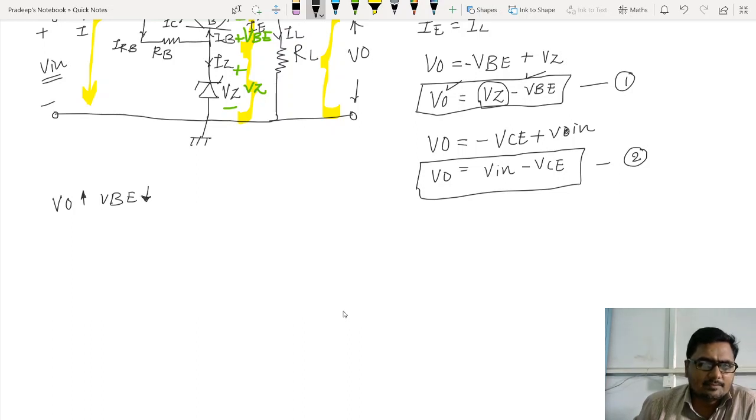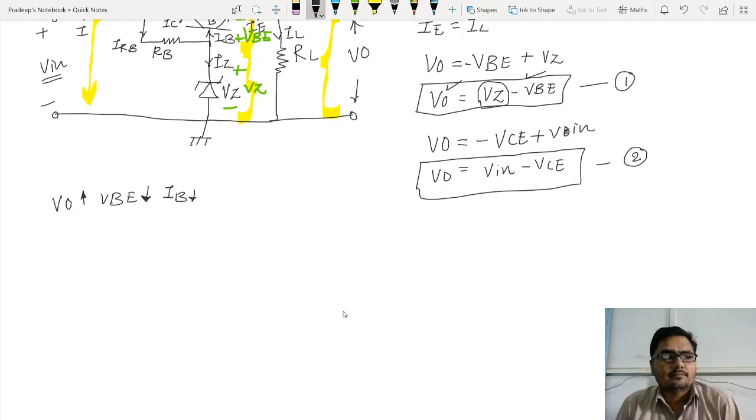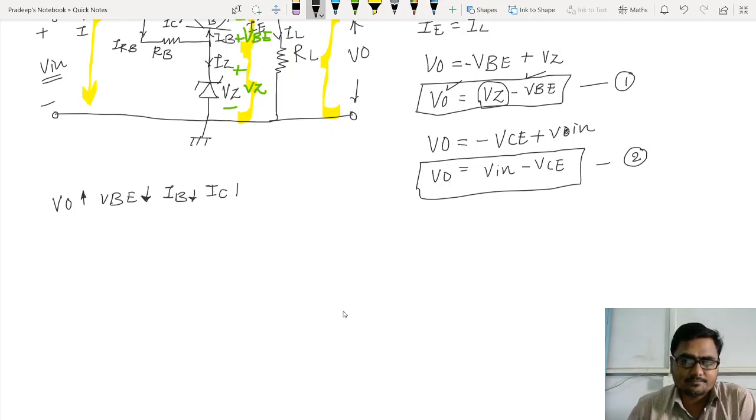As VBE, that is base to emitter voltage, is decreasing, then what will happen? Obviously, it is base current which starts decreasing. Base voltage decreasing, base current has to decrease because we are in active region of a transistor. Transistor is a current control device. We know that collector current is completely dependent on the input current, that is base current. So, IB decreases, IC starts decreasing.